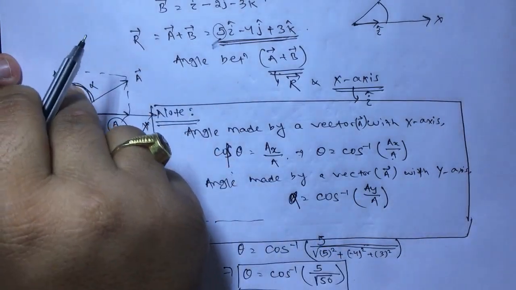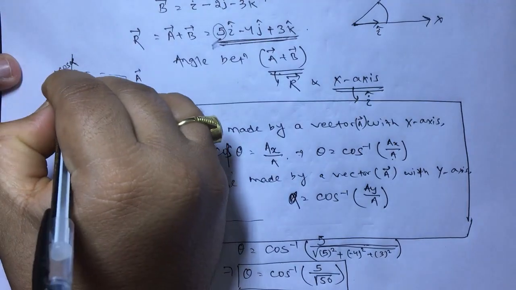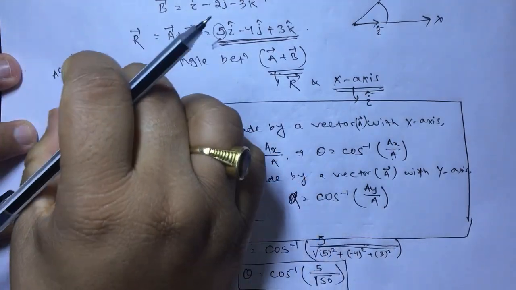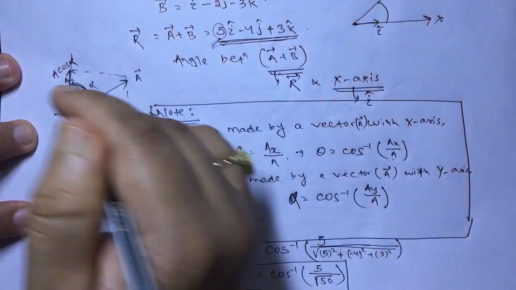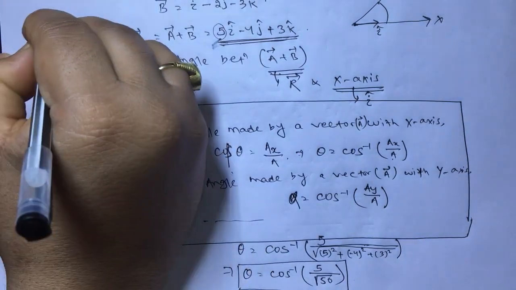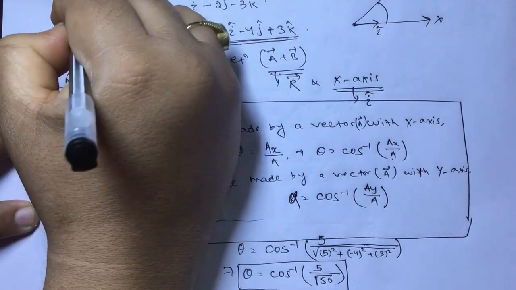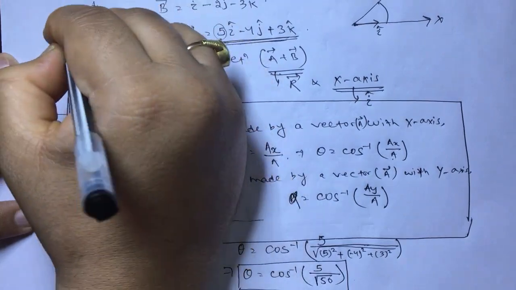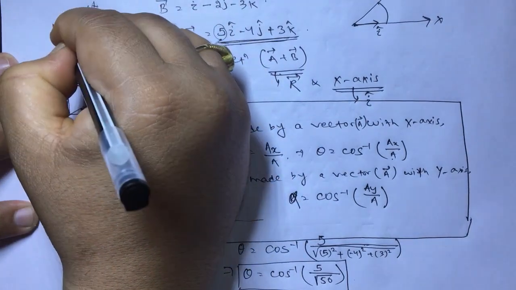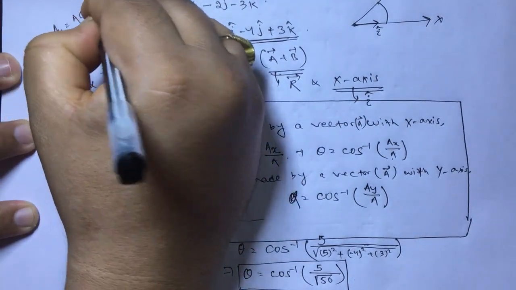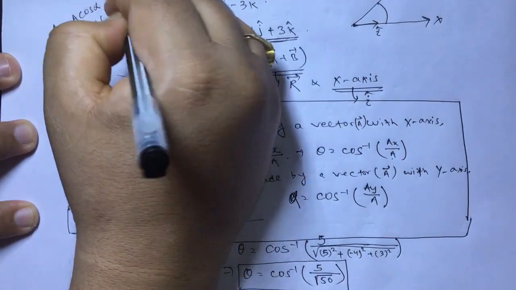Yes or no? This will be a cos alpha, and I can write it as ay, the vector component along y axis. So from here I can write ay equal to a cos alpha, or I can write alpha will be equal to cos inverse of ay by a.